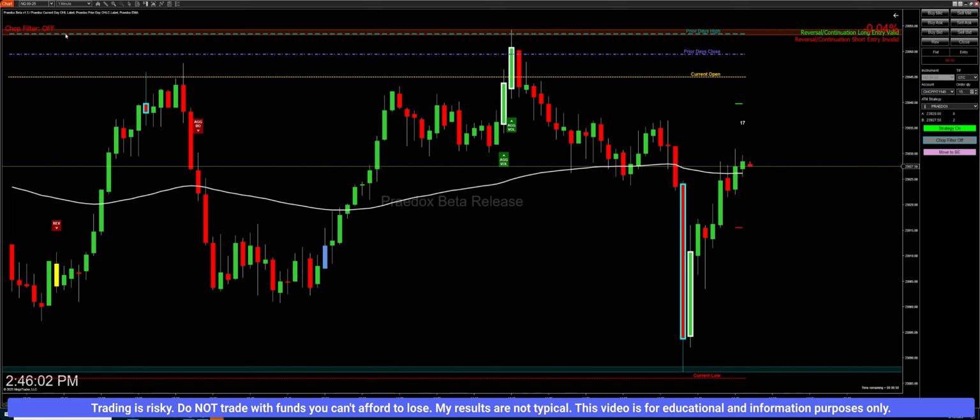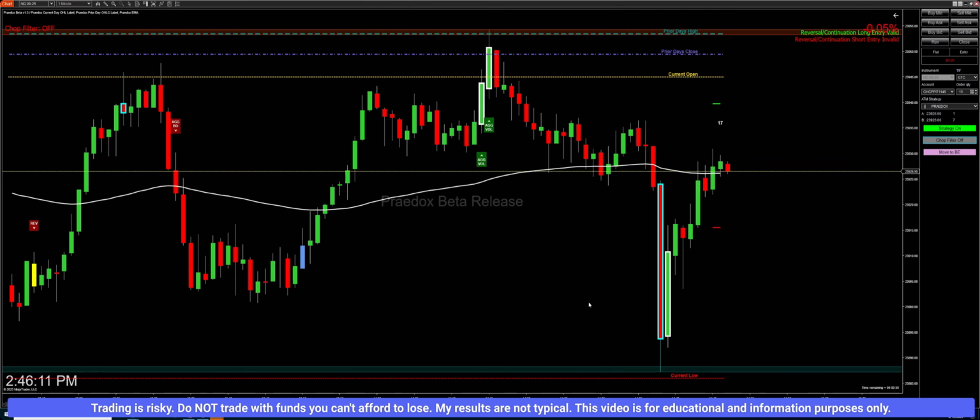All right, so you see this turned off now. That bar finished, and now we are not protected by the chop filter. So these are some of the features we've built into it for protection. Chop filter, large bar protection.